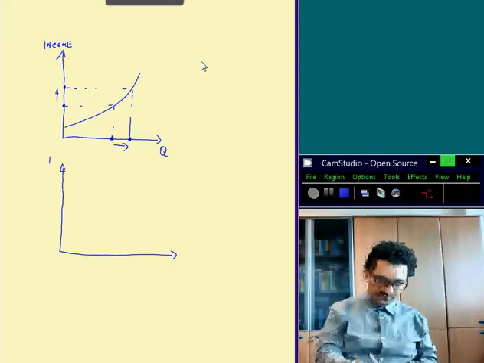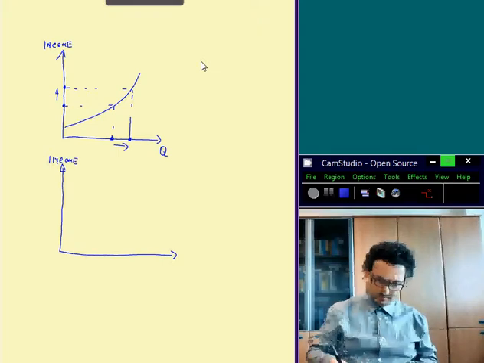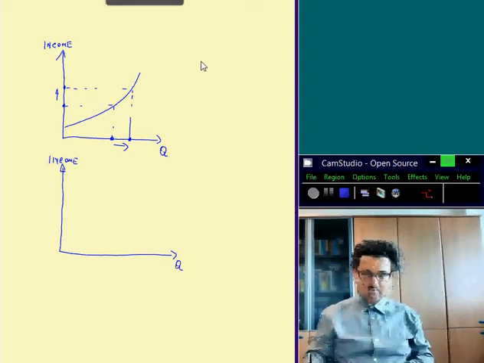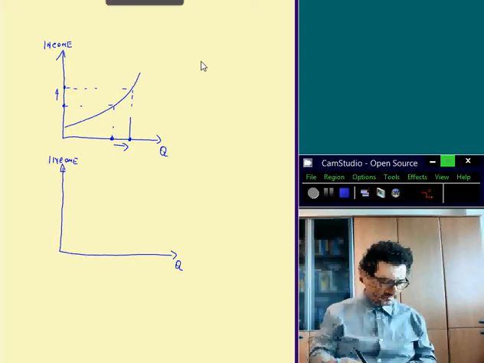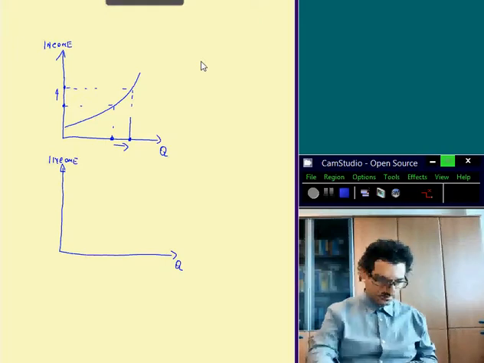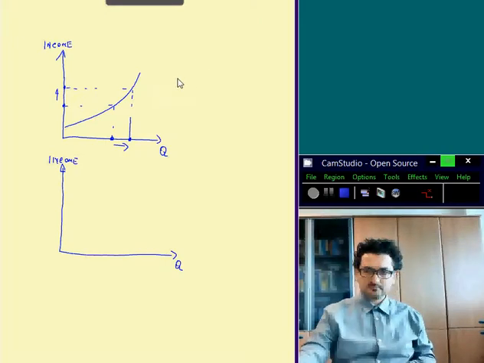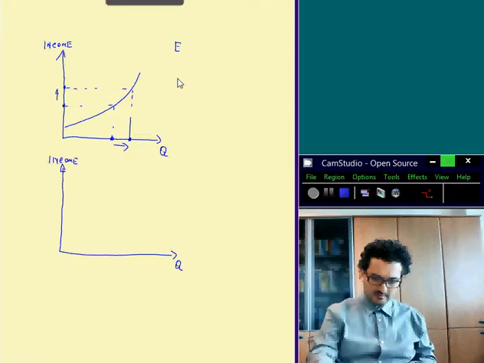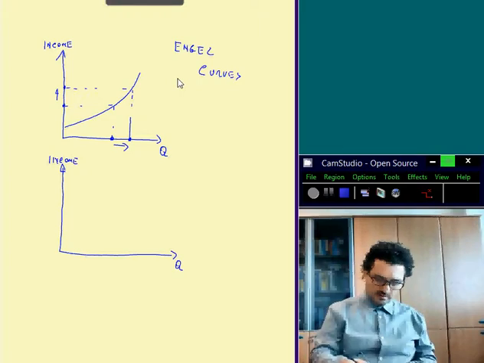So if we put again here income on the vertical axis and the demanded quantity on the horizontal axis, in this case the Engel curve can be drawn in this way.